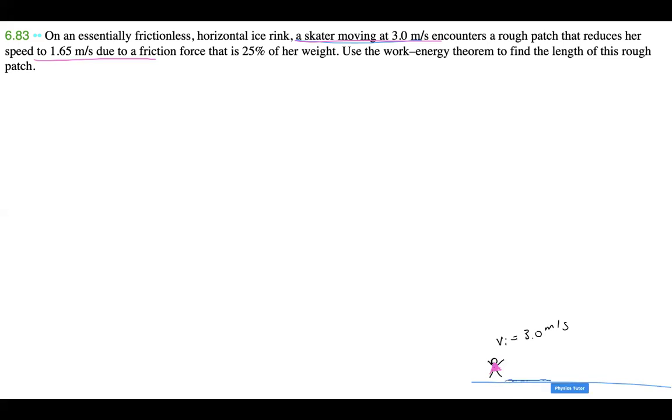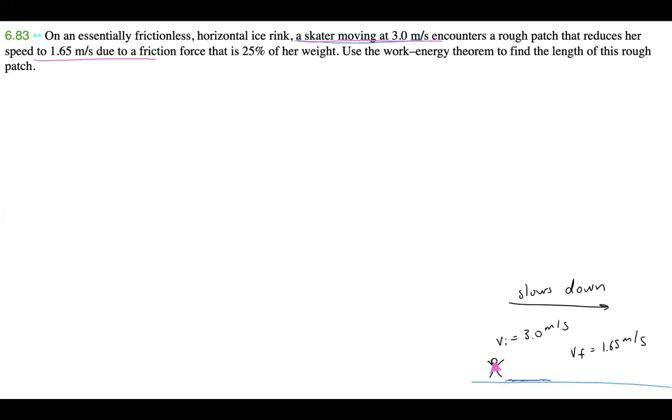It's not the same color as the other ice. And then that reduces her speed to 1.65 meters per second, right? So she slows down basically, right? So slows down. Okay.